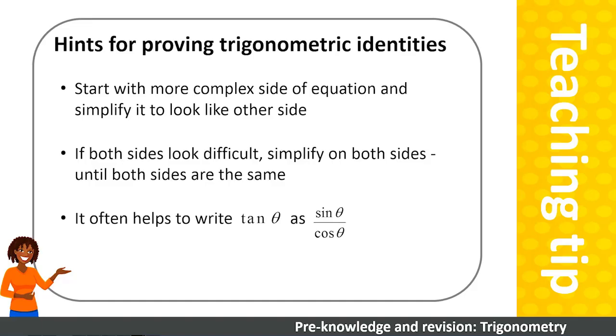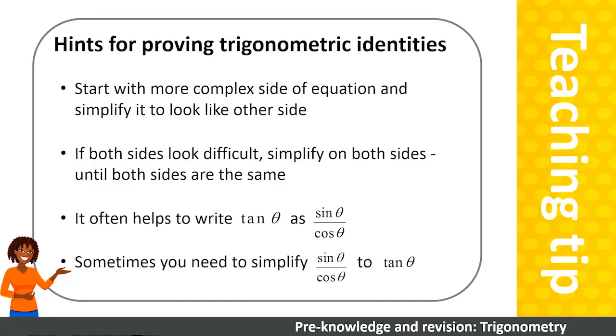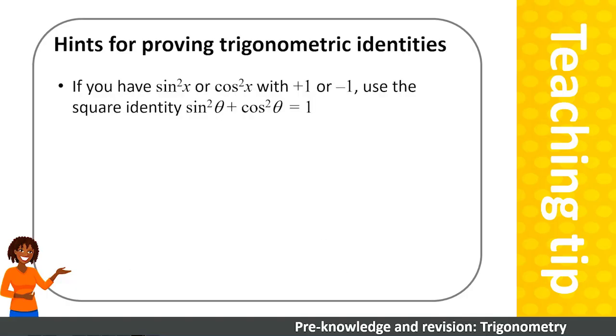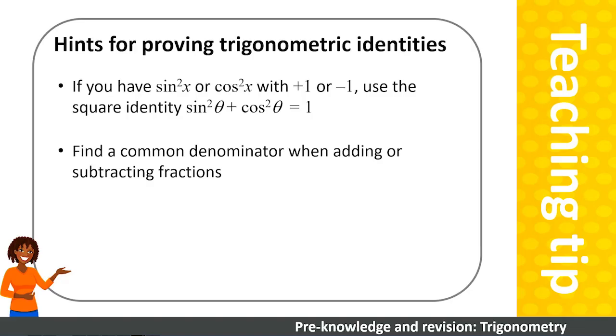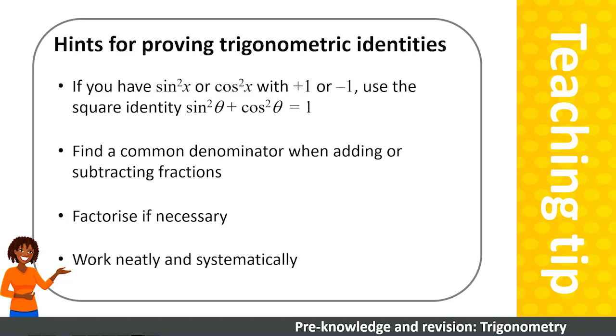If you spot that there is a tan on the other side of the equation, then you may need to do the reverse. If there is a sine or cos squared with plus or minus 1, then try applying the square identity to simplify. If you need to add or subtract fractions, find a common denominator. Factorize if necessary. Working neatly and systematically is the key to finding a proof that works.